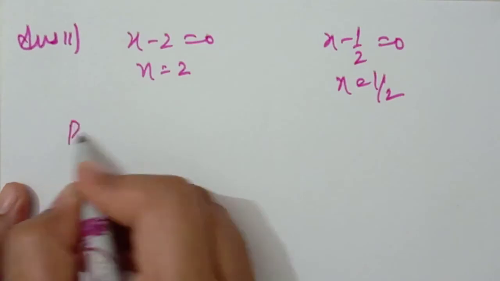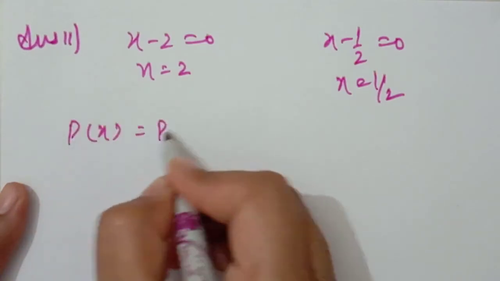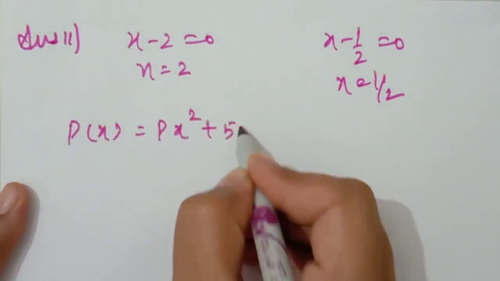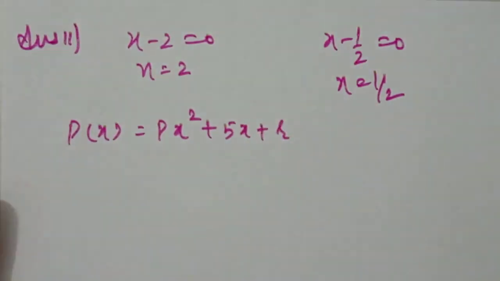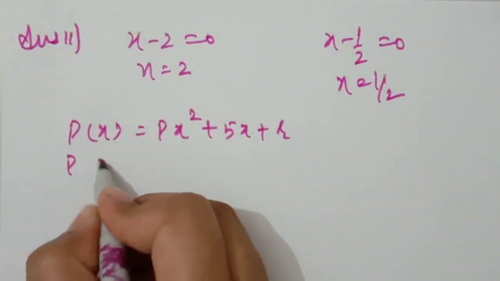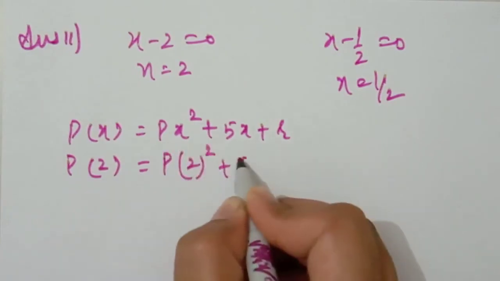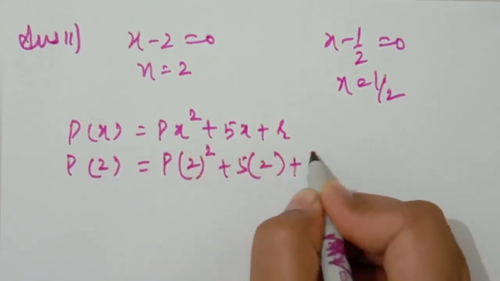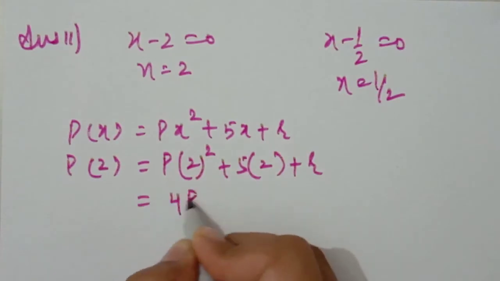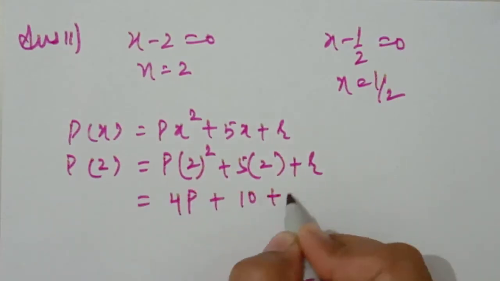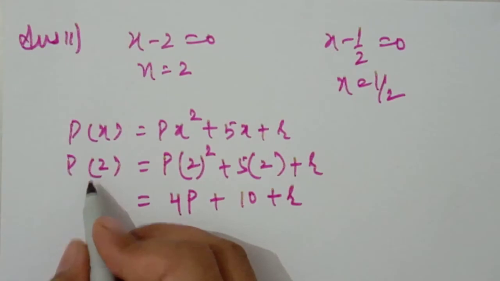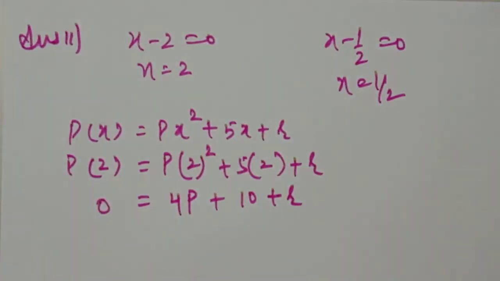So first of all, we have the polynomial px squared plus 5x plus r. With the first value it is p times 2 whole squared, plus 5 times 2, plus r. It is 4p plus 10 plus r. It is a factor, so it must be equal to 0.